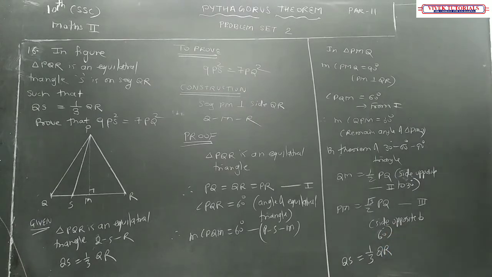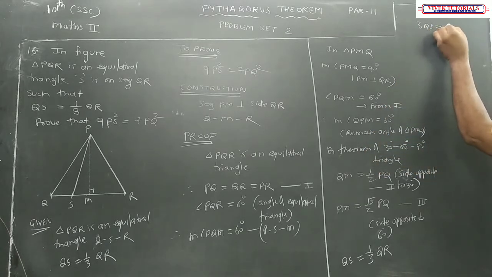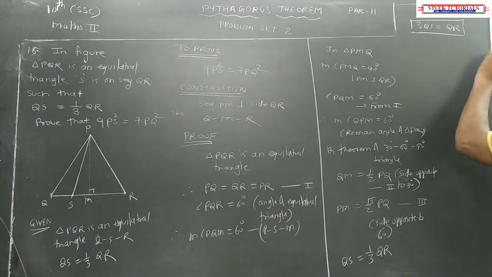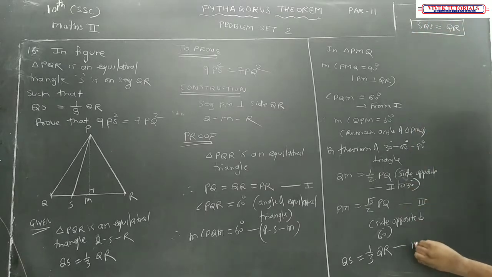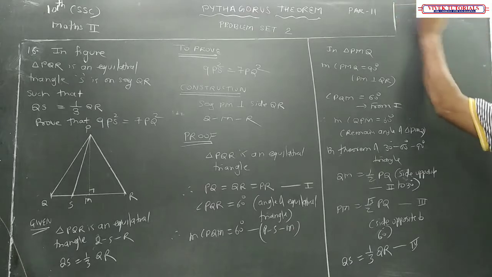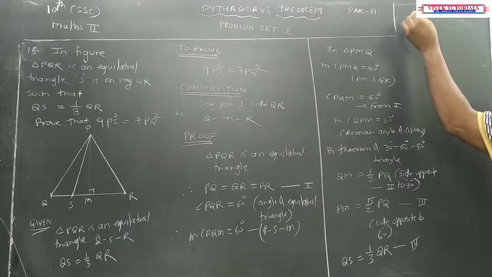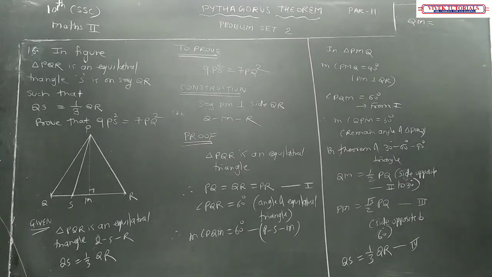Correct? QS is 1/3 of QR. So 3QS is equal to QR. Is it right? Got it now? So this is there, or you can directly take it as equation 4. Okay. Now QM is equal to half of PQ.